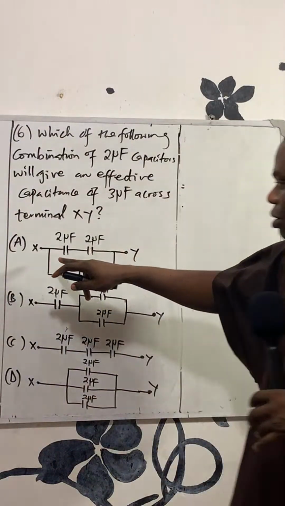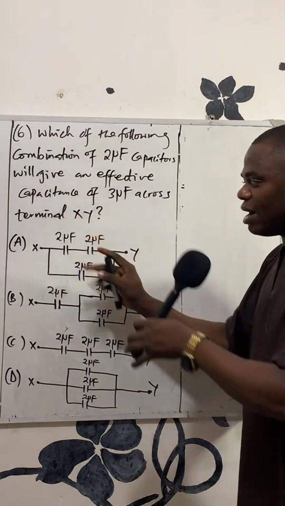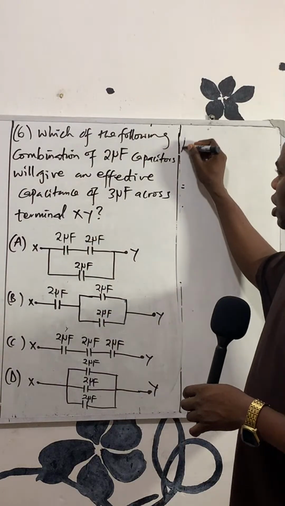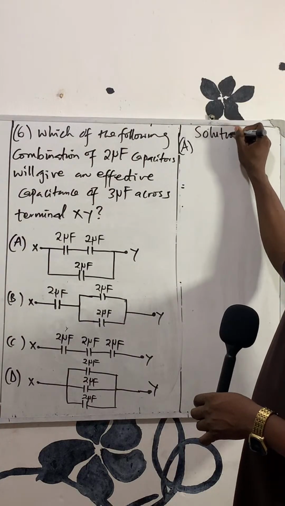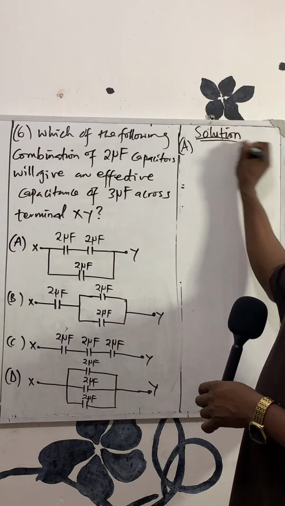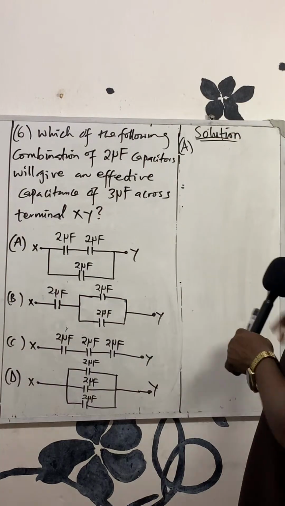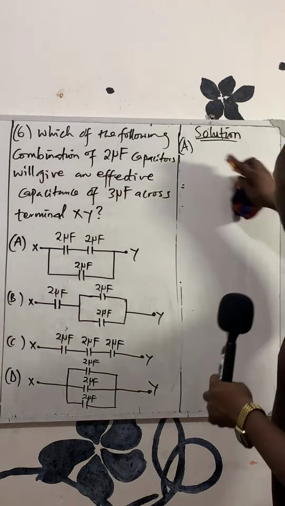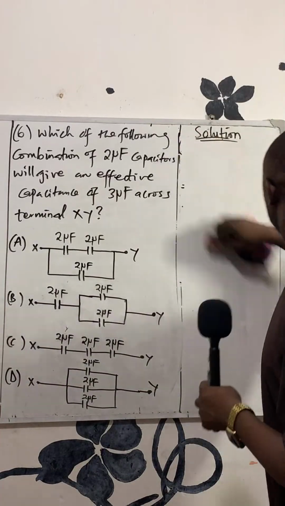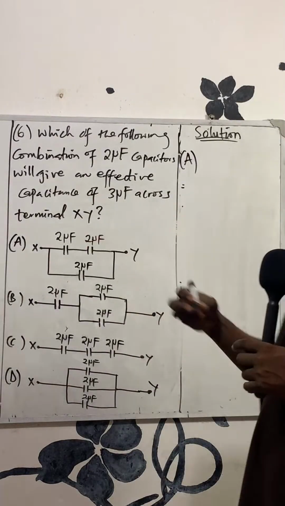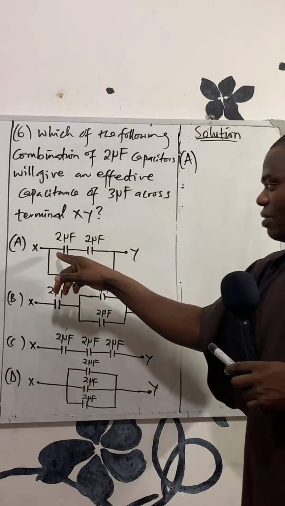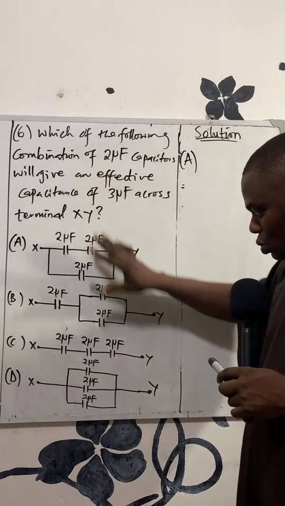Now, let's check the solution for A. I hope you are seeing A very well. All three capacitors are each 2 microfarad.